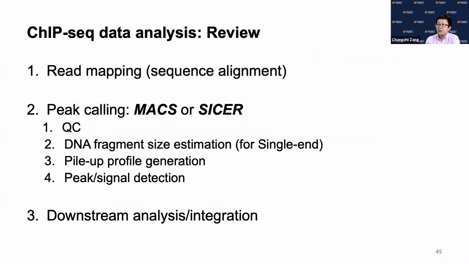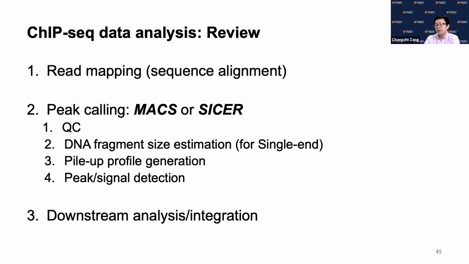So briefly review the ChIP-seq data analysis that will include sequence read mapping, sequence alignments, and the peak calling using MACS or SICER, quality control, DNA fragment size estimation for single-end sequencing, piled up profile generation, and the peak detection.